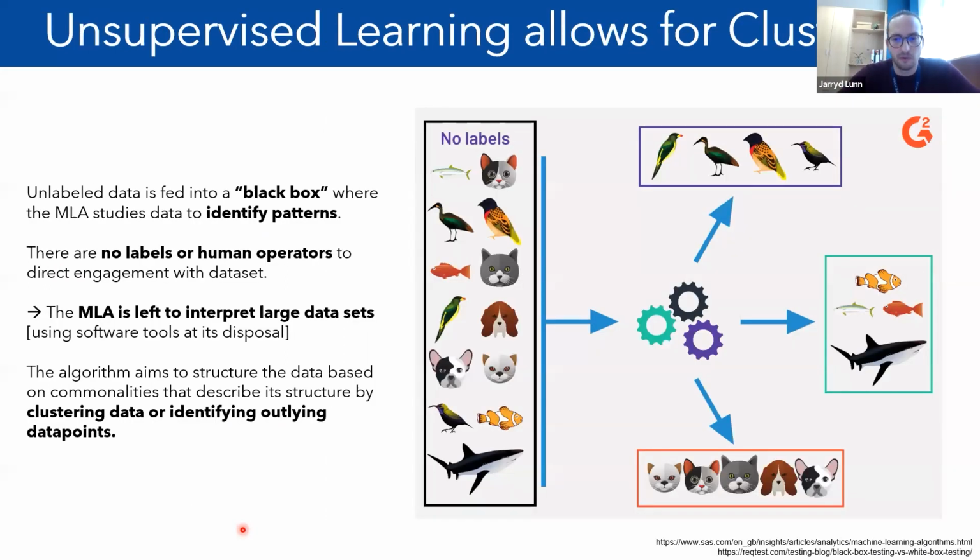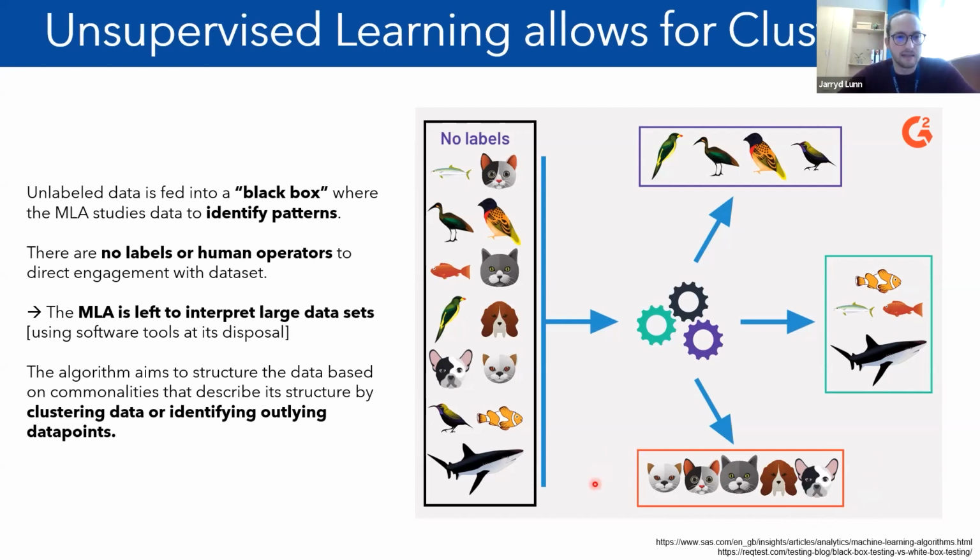Unsupervised learning allows for what is referred to as clustering. This is a very simple explanation, but I like the diagram. Often unsupervised learning is referred to as a sort of black box learning, where we give a machine data and take a step back. The machine then compares all the elements and tries to find commonalities. So in this data set of animals, it's managed to identify birds, fish, and in this category, cat and dog over here.